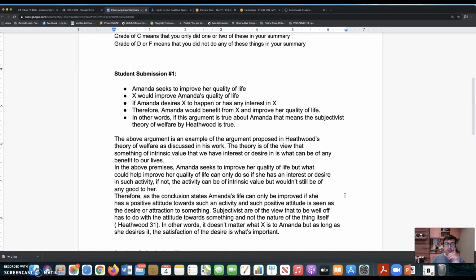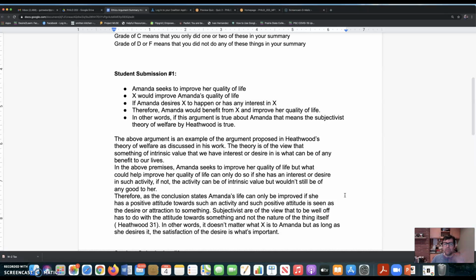Therefore, okay, as the conclusion states, Amanda's life can only be improved if she has a positive attitude toward such an activity, and such a positive attitude is seen as the desire or attraction to something. Nice point there, where here the student does what I was suggesting in explaining the connection to the main claim of the article, that the subjectivist theory of welfare is the best way to go.